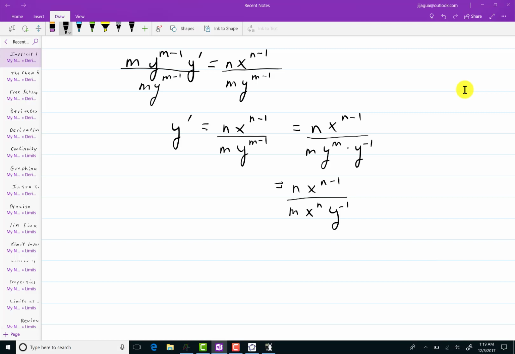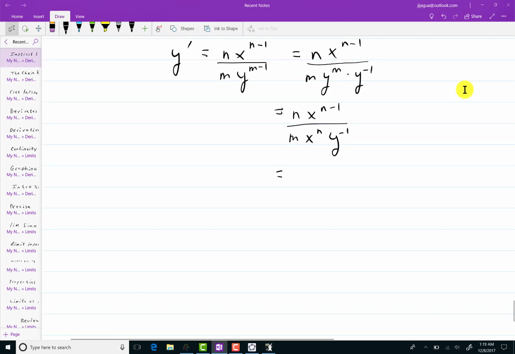Now I'm ready to simplify that numerator a little bit. I'll have n x to the n times x to the negative 1 divided by m x to the n y to the negative 1. So let me cancel these out.